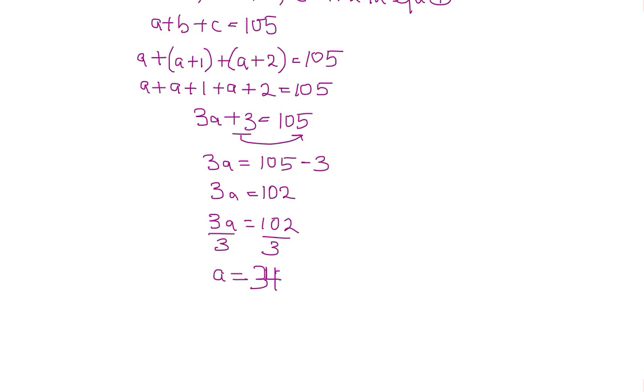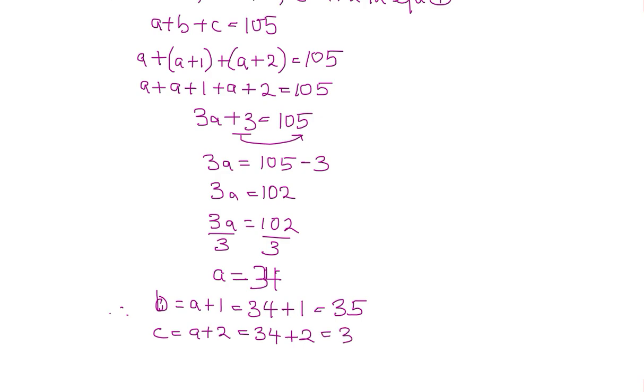Therefore, to get B, we add A, which is 34, to 1, and that gives us 35, which is the second number. And for C, we add A to 2, which means 34 plus 2, which gives us 36.